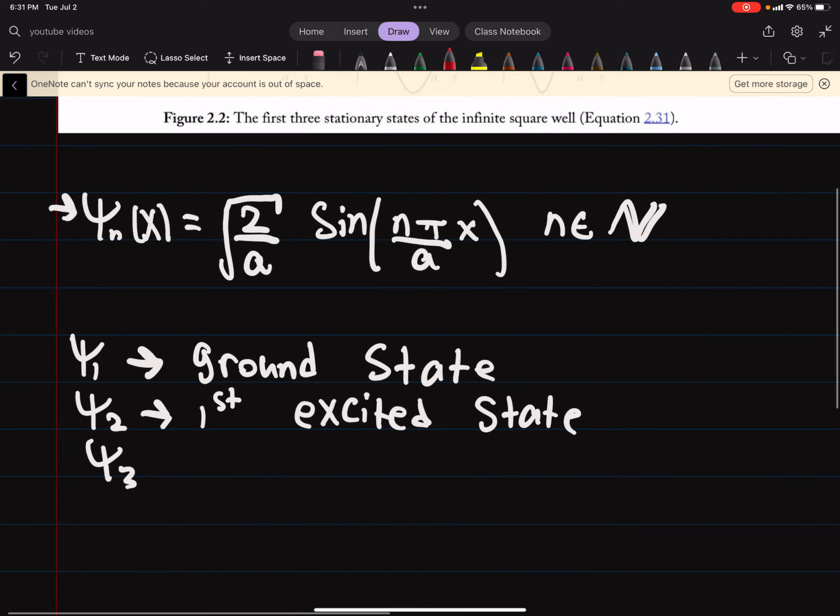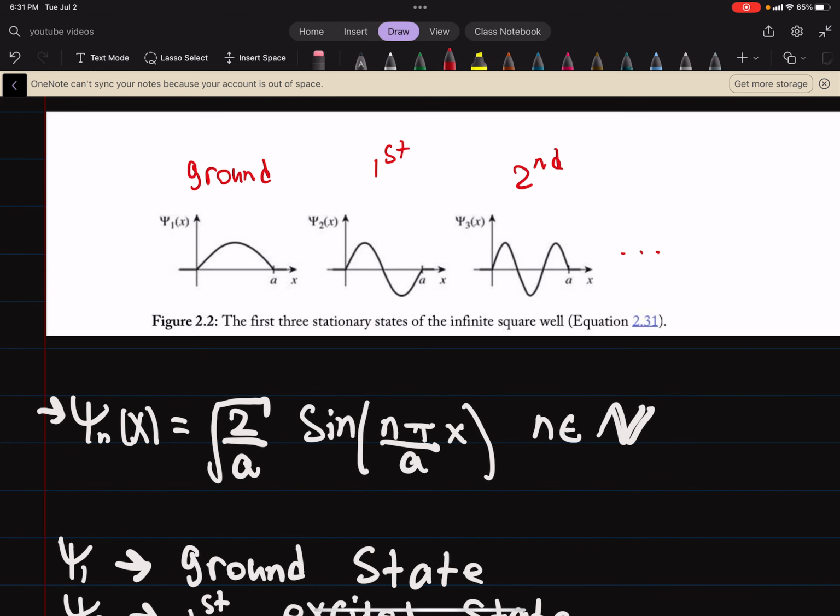The first one is graphically, if you look at this, if you were to draw a vertical line at x equals a over 2. Trying to draw it well.